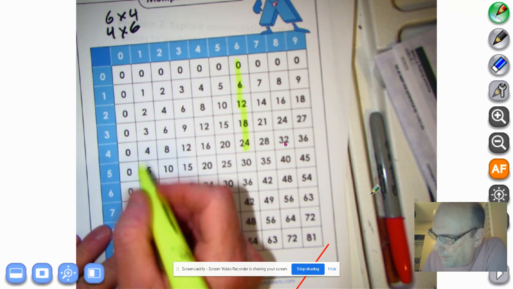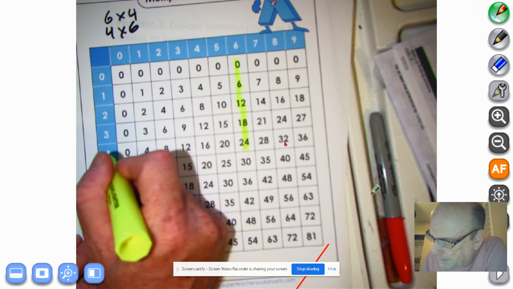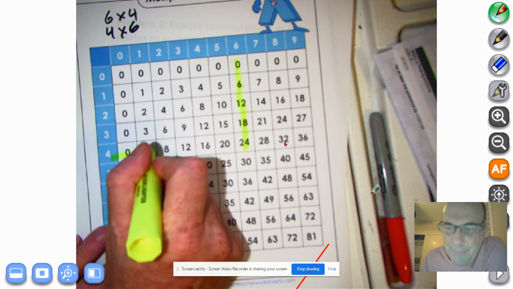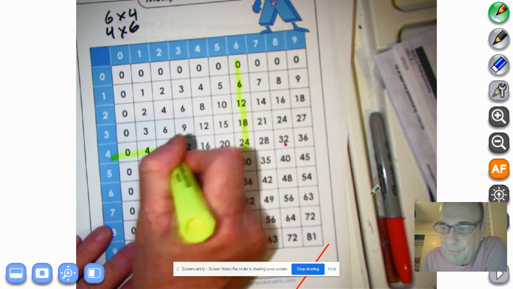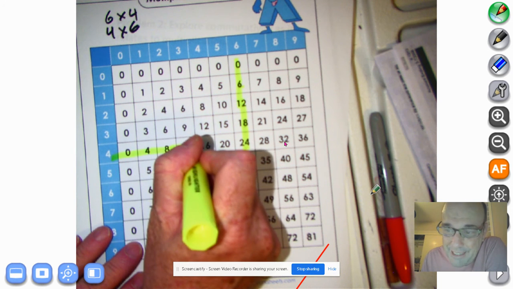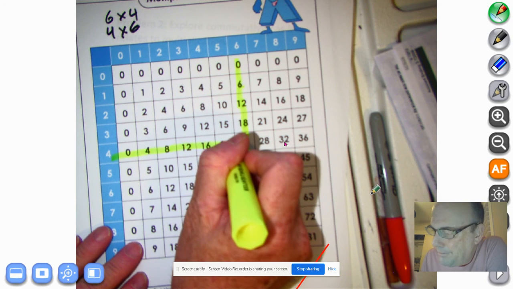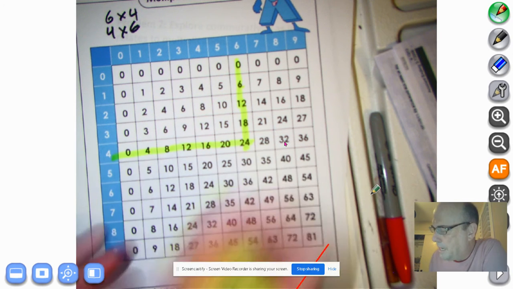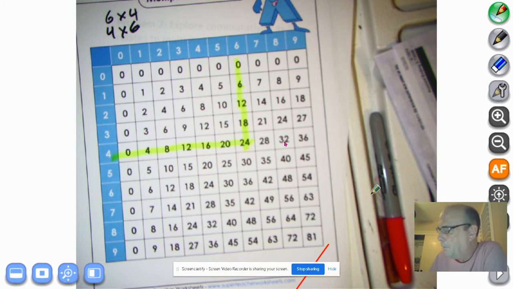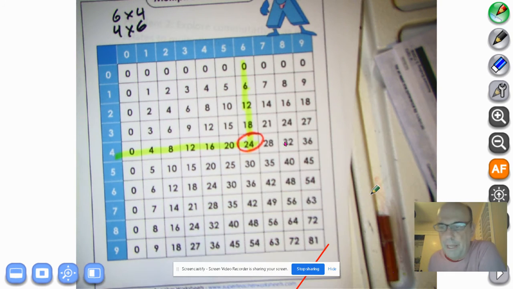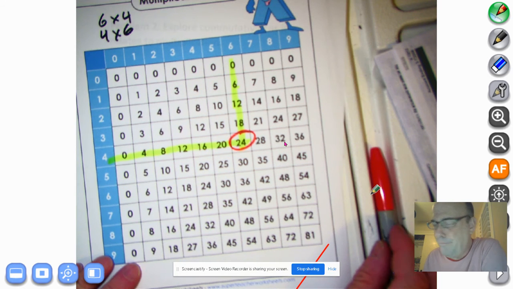So we're going to go down to 4, and we're going to go across to 6. 4 times 0 is 0. 4 times 1 is 4. 4 times 2 is 8. 4 times 3 is 12. 4 times 4 is 16. 4 times 5 is 20. And 4 times 6, ladies and gentlemen, boys and girls, damas y caballeros, look at that. They both equal 24. And that's the magic of the commutative property.